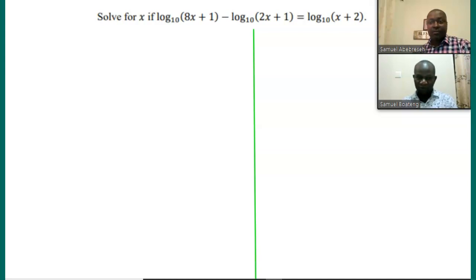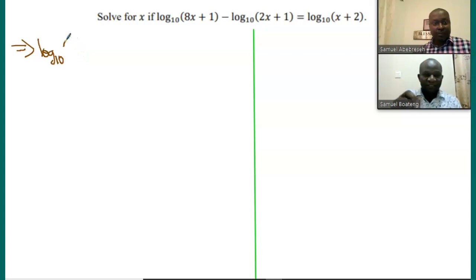So I want you to pause briefly and then try to solve it. At the end of the day, you compare your answer with what you will get. This implies that this time we need to express both sides as a single log.